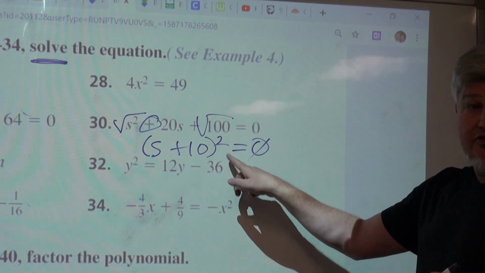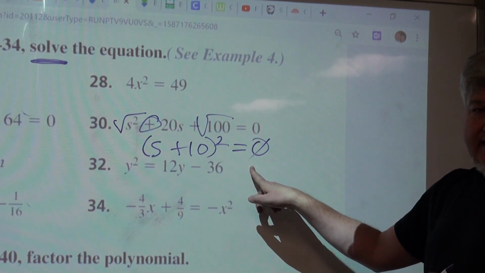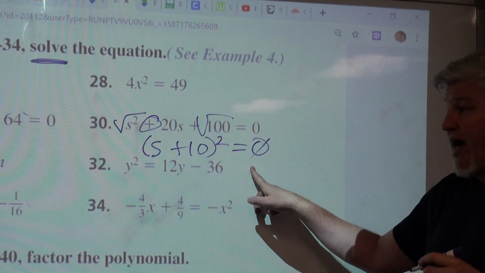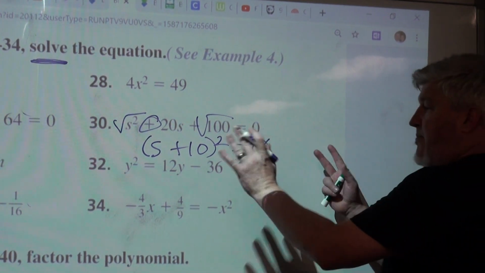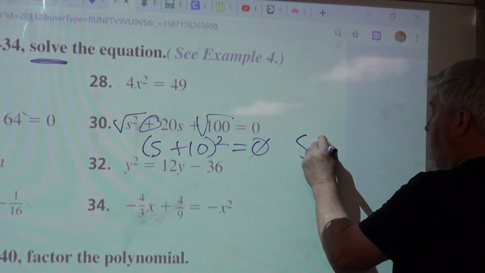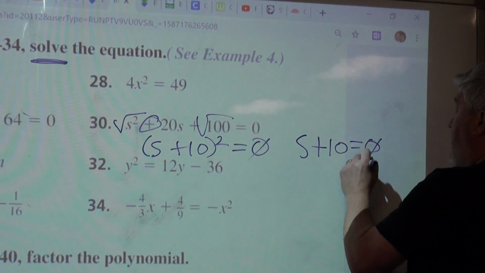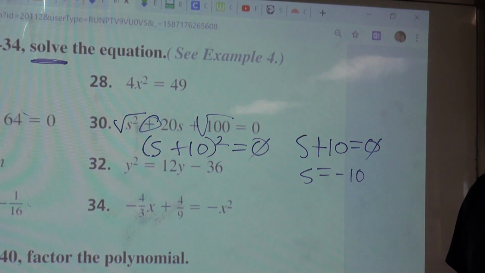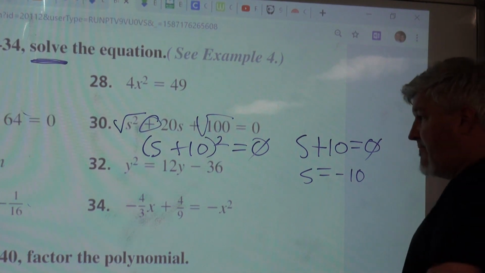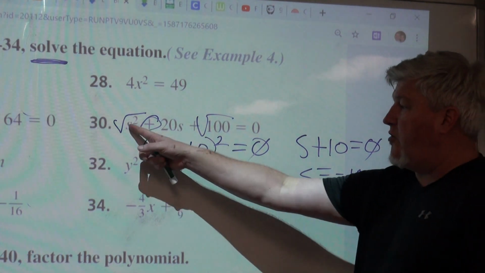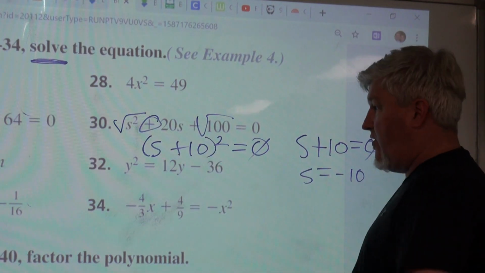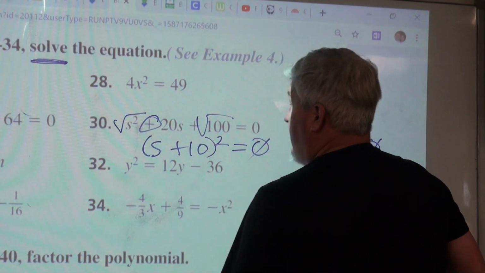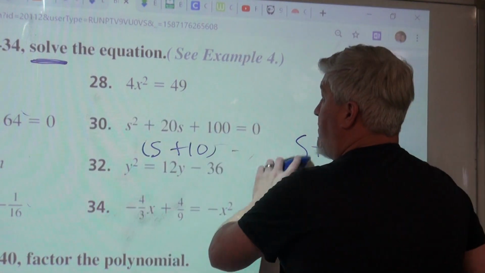S plus 10 squared equals 0. You guys had a problem like this on your test, and most of you got this pretty easily. You don't got to set them both, just one of them. S plus 10 equals 0, so then S equals negative 10. The end. And again, if you want to check your answer, you can plug it back into the original equation and see if it arrives at what you want it to arrive at. Okay?